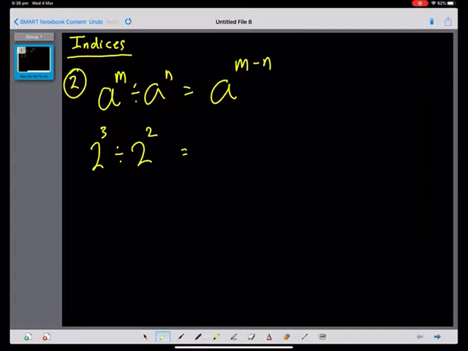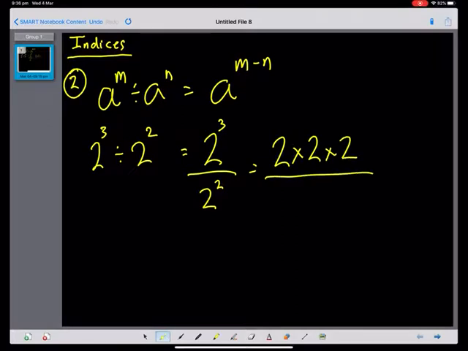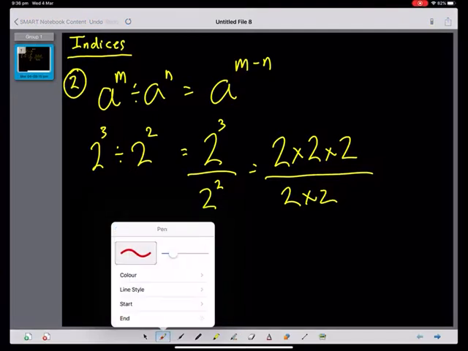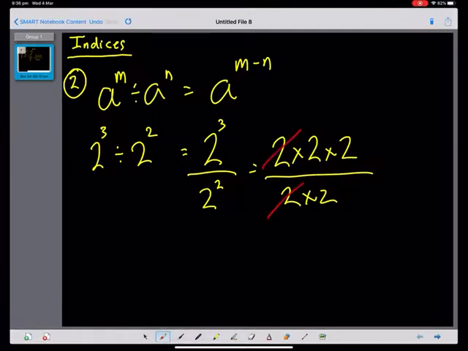Okay, so let's write this out. That is the same as doing 2 times 2 times 2 over 2 times 2. Now, we can cancel the 2. Don't forget, multiplying by 2, then dividing by 2 is the same as multiplying by 1.